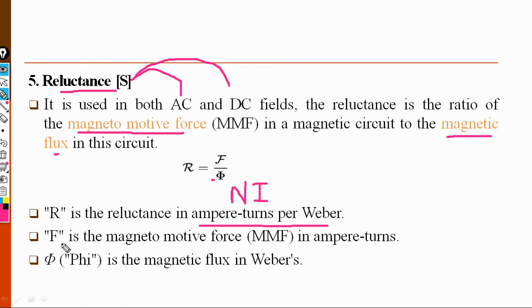F is the magnetomotive force, MMF, measured in ampere turns, and phi is the symbol of magnetic flux, measured in Weber. This is the definition of reluctance: the ratio of MMF per magnetic flux.